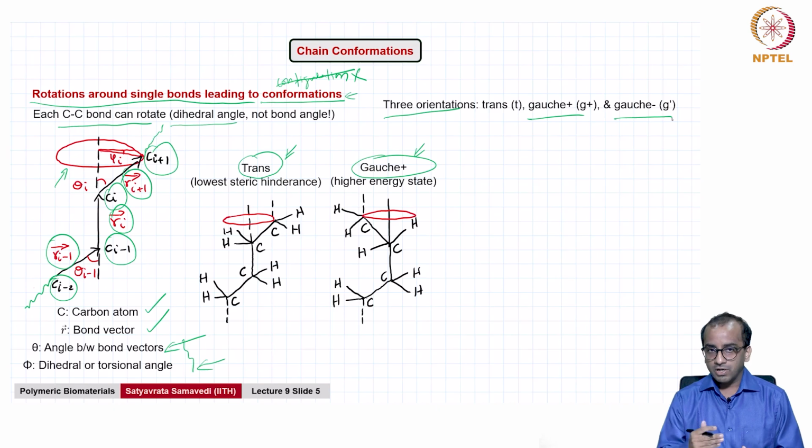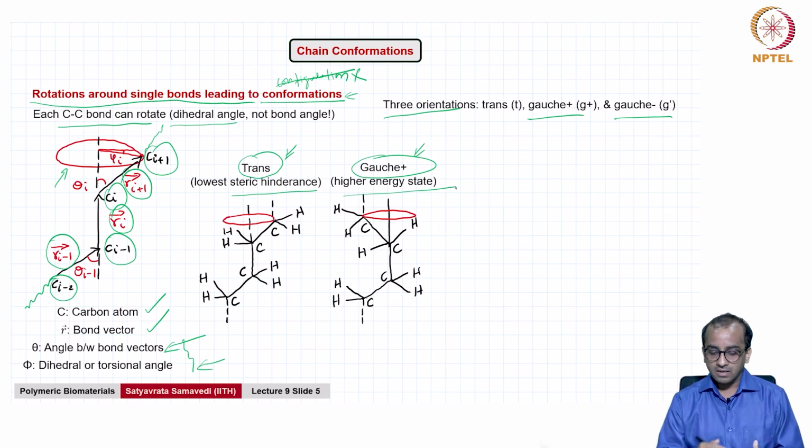So, first of all, we note that both of these are representations of different conformations for this system here, and these depend both upon the thermal energy available to the molecule based on temperature, as well as the relative steric hindrance that the atoms will face when they are either in the trans state or in the gauche state.